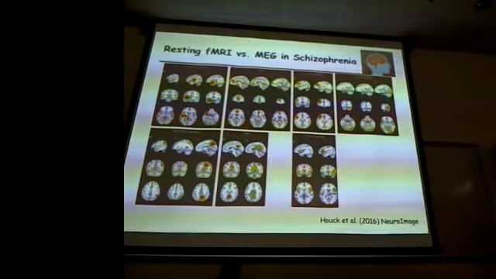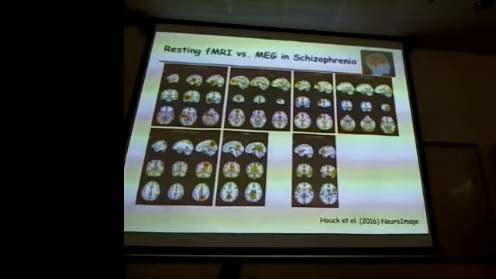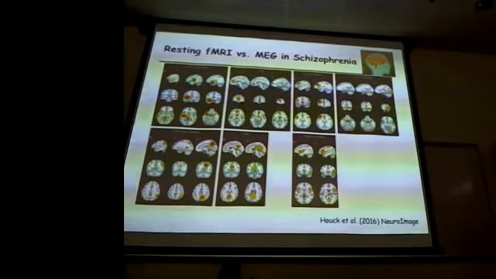So fMRI is just looking at blood flow. It really doesn't care if those things are synchronous. But if it's really synchronized, shouldn't you have to measure at sub-millisecond resolution, if you are really talking about synchronized neurons?